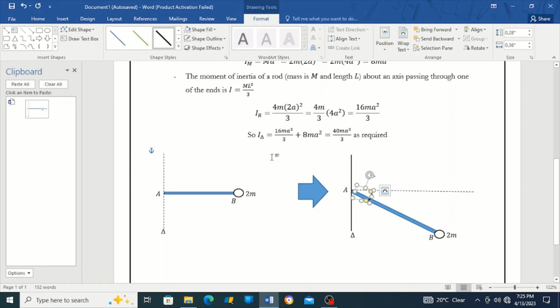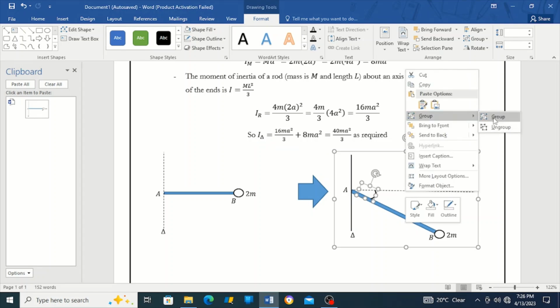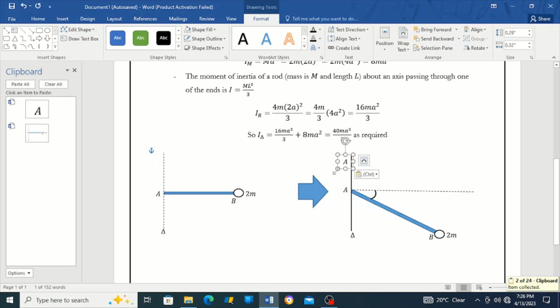Let me put it in bold to indicate that that is actually the angle that the rod makes with the horizontal. Alright, so the angle there is theta. So like I said, the very first thing is to draw your diagram, because without the diagram you don't actually know what is happening. So there is the angle theta.